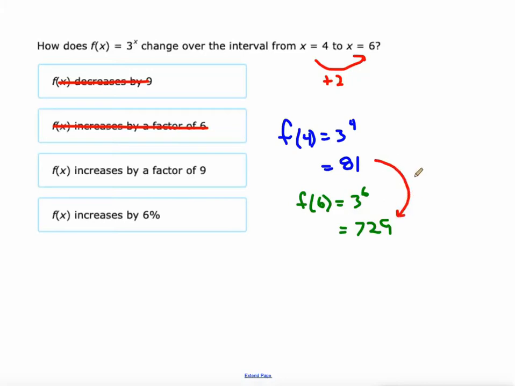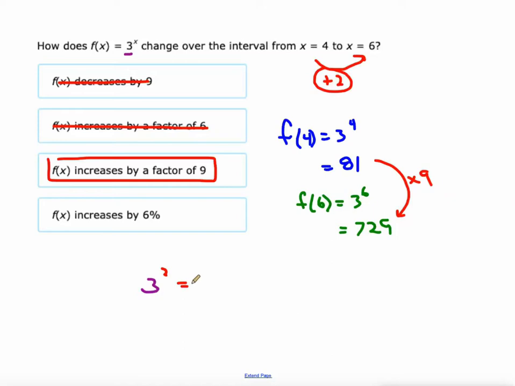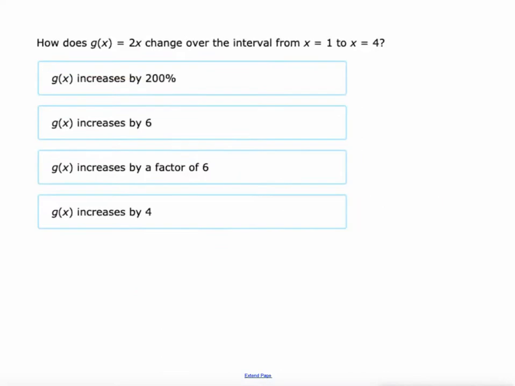Yeah, that's what happened. But there's an easier way for us to figure this out. We could have just taken this 2 right here and this 3 right here and done 3 to the 2nd power, and that would have given us our factor of 9. So that's the trick we're going to use from here on out.